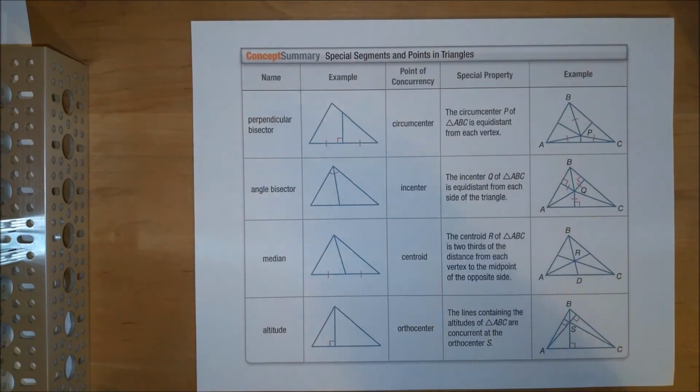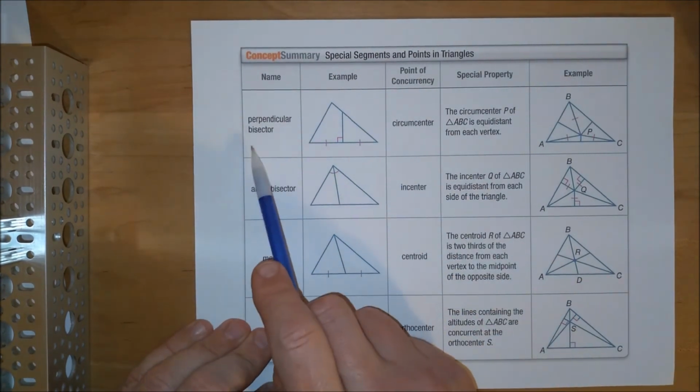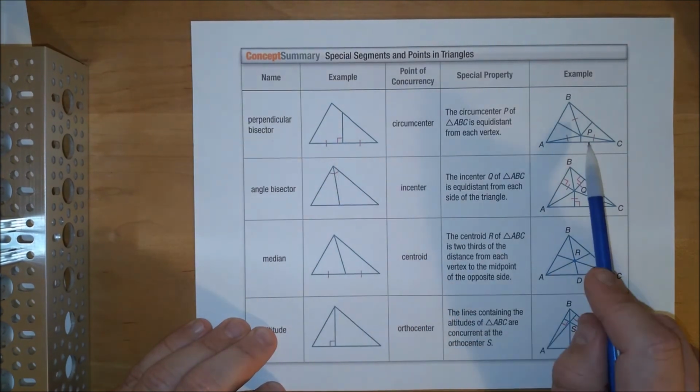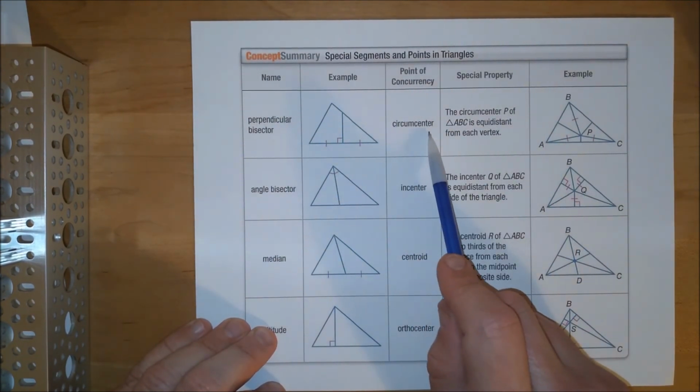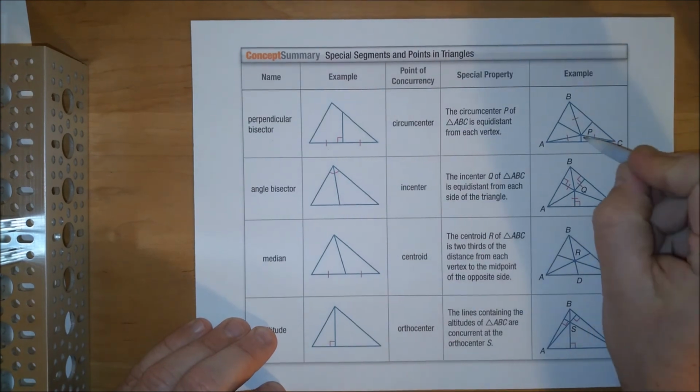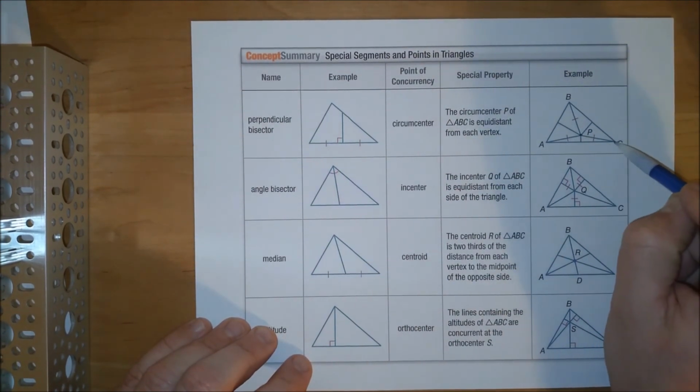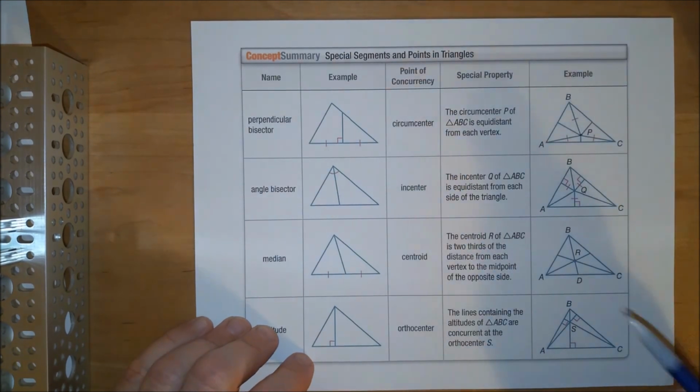Okay. We learned that if we draw perpendicular bisectors in a triangle, if we draw all 3 of them, they converge at this point called the circumcenter. And the circumcenter is cool because it is equidistant from all 3 vertices of the triangle.